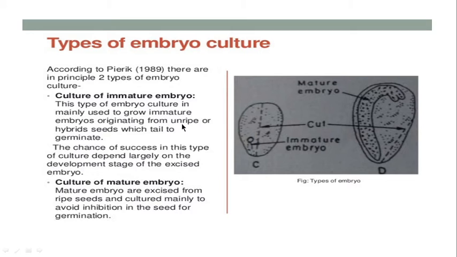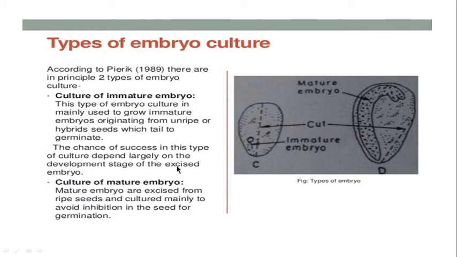Those seeds which are unripe or immature, or those seeds which are hybrid and which fail to germinate, which are very difficult to germinate, for such seeds the culture of immature embryo is prepared. This type of embryo culture is mainly used to grow seeds which are unripe and hybrid seeds which fail to germinate. The chances of success of this embryo culture depend upon the development stage of the excised embryo.